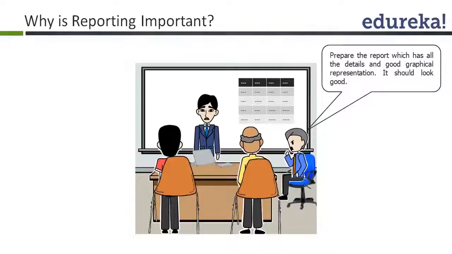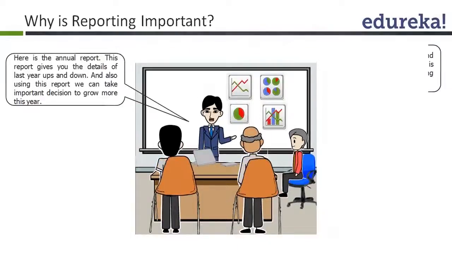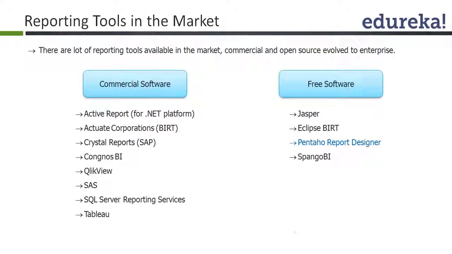And next time he is prepared, and here is the annual report. It gives much more insightful data with minimal words, maximum visualization, and you don't need to talk too much. So you will get many buyers for such a nice report.